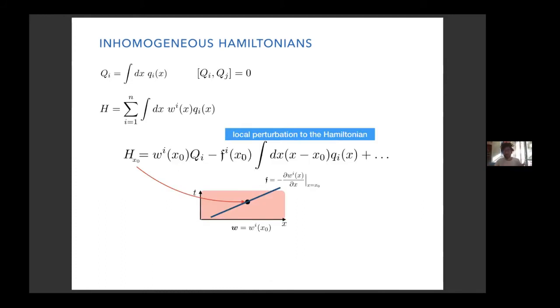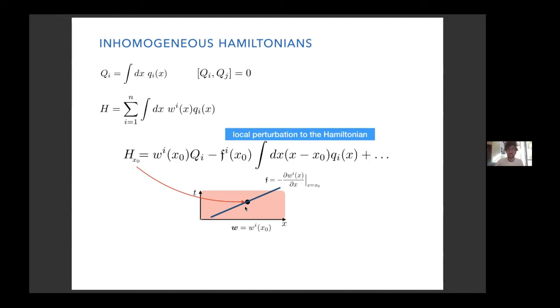So what one has to do, I'll go a bit faster now, is some kind of local perturbation theory. Now the Hamiltonian at each position in our fluid cell is given by a flat part, namely a part given by the sum of all these conserved quantities taken exactly at this position. So you can think of this as a global Hamiltonian in the fluid cell, but with a correction, which is given by the force.